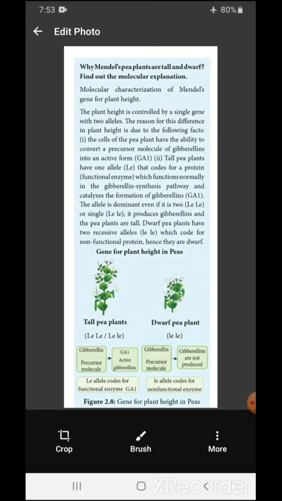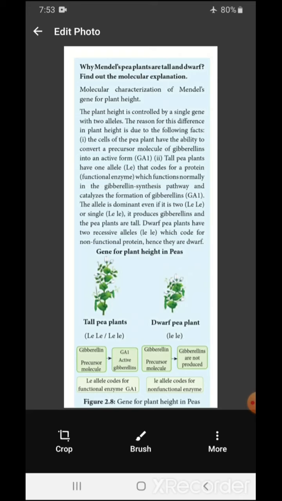Then the second point, tall pea plants have one allele, capital L, small e, that's for length, that codes for a functional protein enzyme, which functions normally in the gibberellin synthesis pathway and catalyzes the formation of gibberellin.